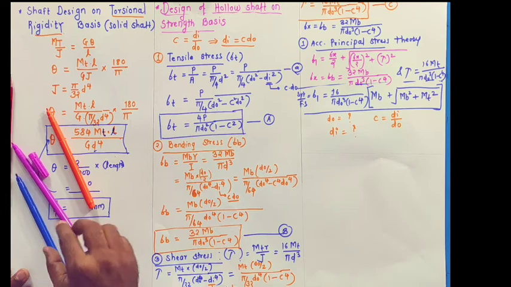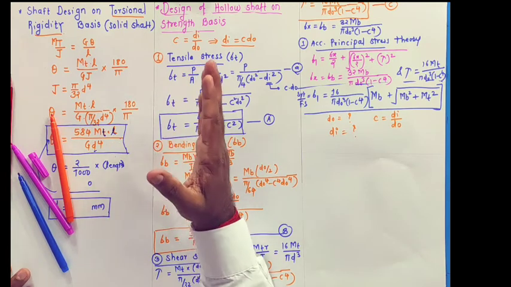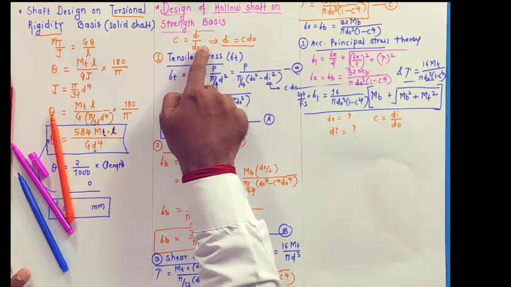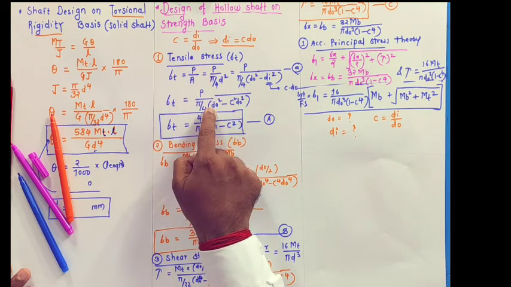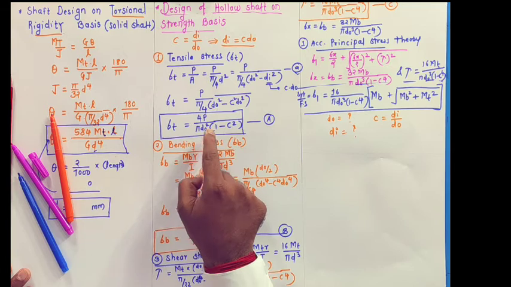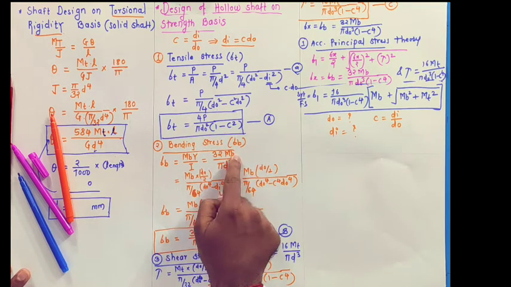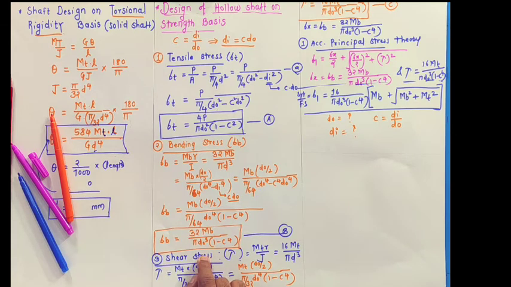I hope you understood this session. In this session I explained the design of a hollow shaft. We have taken the condition C is equal to di by dO. After that, the tensile stress we calculated would be 4P by pi dO square into bracket 1 minus C square. For bending we calculated 32 Mb by pi dO cube into 1 minus C raised to 4.